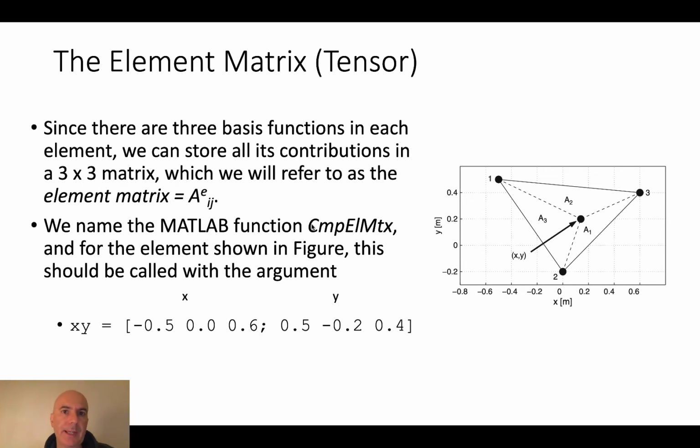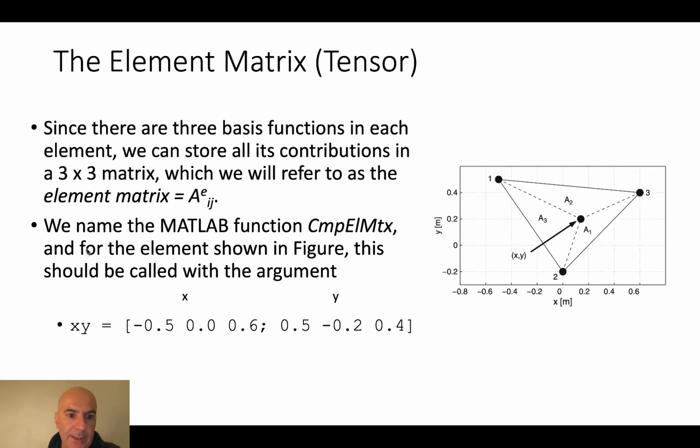So for your assignment, you're going to use a function that is called compute element matrix, that is going to take as argument the coordinates of the points, and then provide this 3x3 matrix.